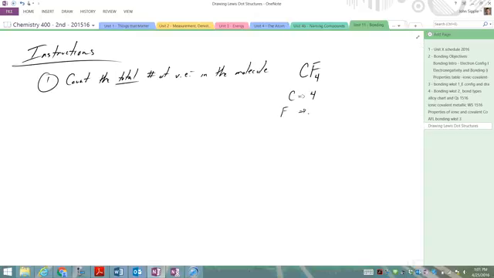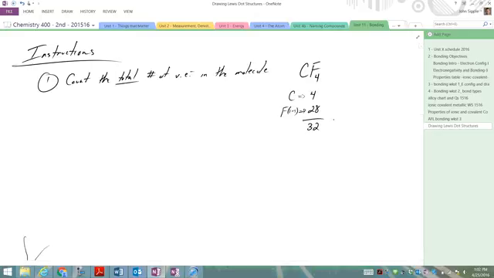Nope. 7, but how many fluorines do we have? 28 total though, right? Because we have 4 of them present. Right, so 7 times 4, right, gives us 28. We have a total number of 32 valence electrons to dish out.